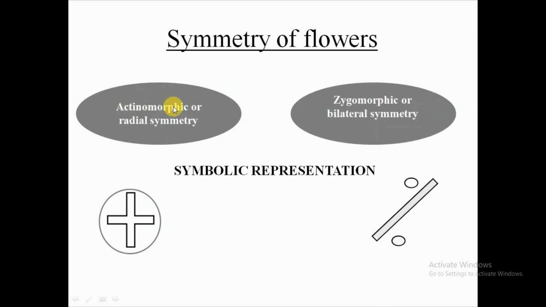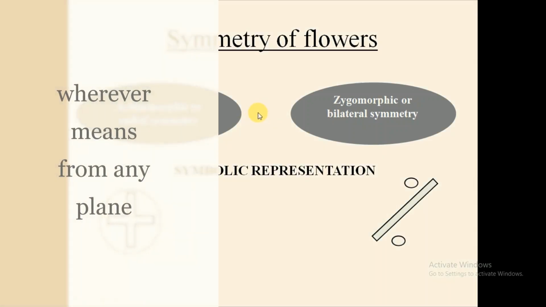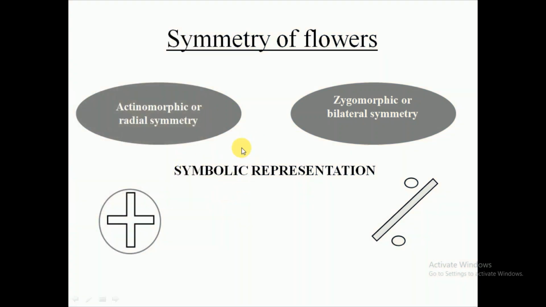In radial symmetry, if we cut the flower from any plane through the central axis, it gives identical halves of the flower. In bilateral symmetry we cannot cut from any plane; it can be cut from only one plane from where we can get identical halves. So this is the difference between actinomorphic and zygomorphic.